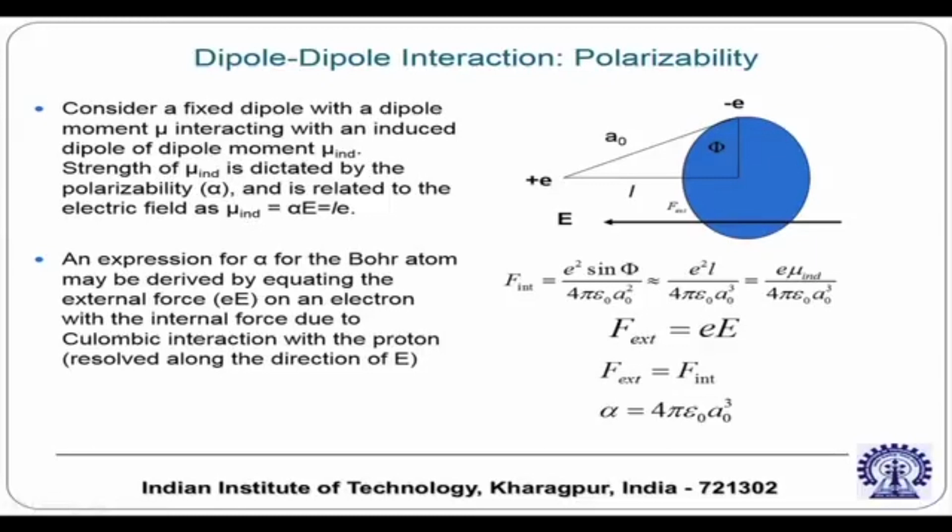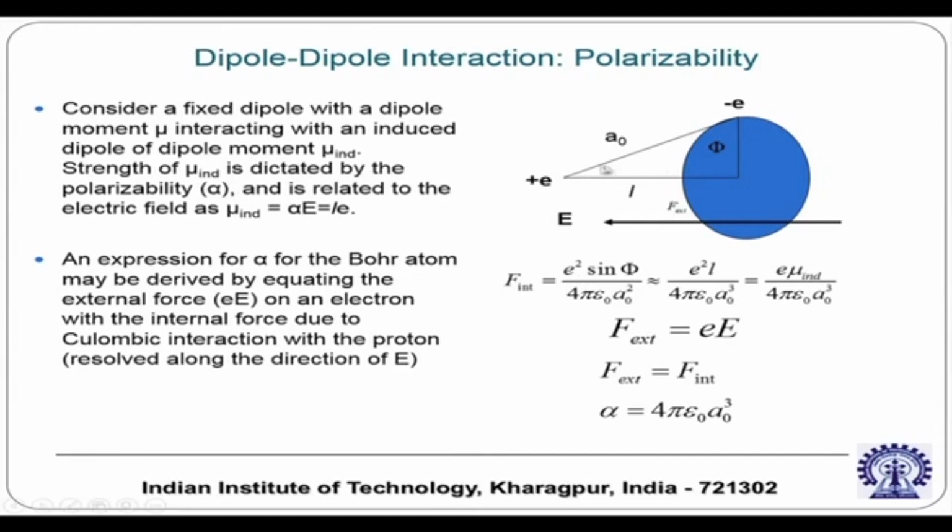An expression for alpha for the Bohr atom may be derived by equating the external force on an electron with an internal force due to Coulombic interaction with the proton, resolved along the direction of E. So you can see that you have e squared sin phi, where phi is this angle.